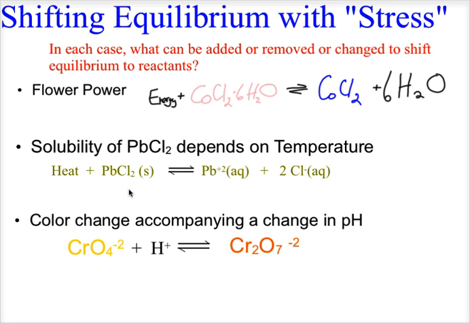Again, both of these two reactions, solubility of lead chloride and the flower power demo, the forward reaction is endothermic. When the forward reaction is endothermic, adding heat in the form of changing the temperature, the system will adjust by trying to use up some of that added energy.